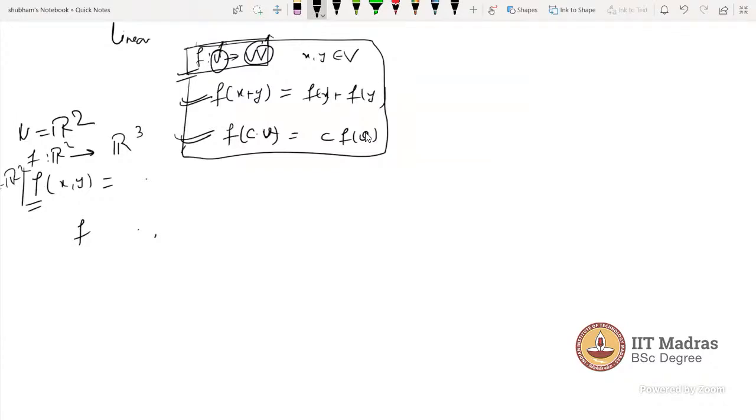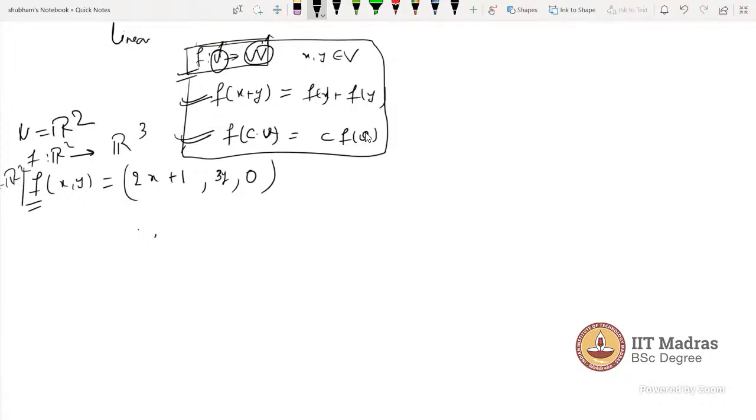If that is like that, then it will be correct. Let me define it like this: 2x plus 1, 3, and next one is 0, and suppose this is 3y here. Let's say this is R3 here as the codomain. So is this function a linear transformation? No, still not.